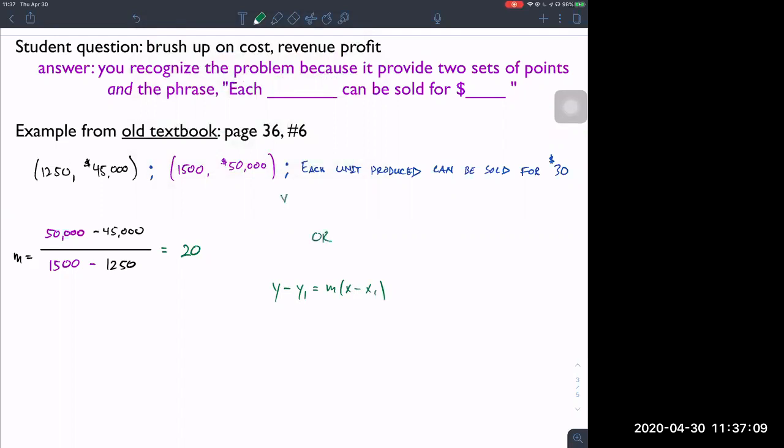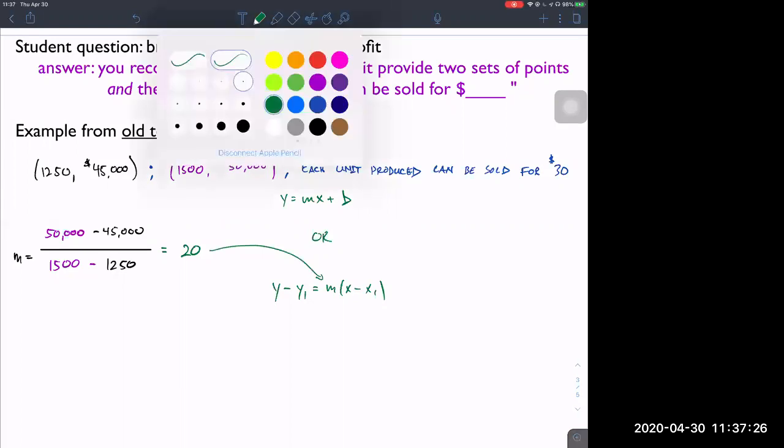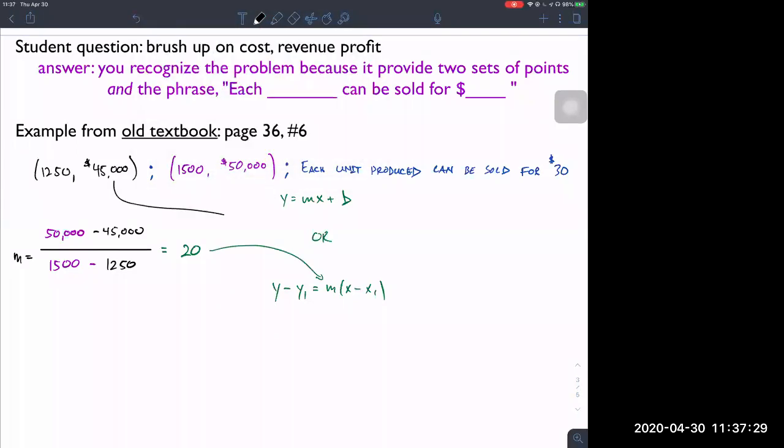Or if you're old school like me, you go straight for the formula and use the points to solve for the y-intercept. Again, I normally go this way. And I always pull the lowest or smallest point. This goes here, then this goes there.